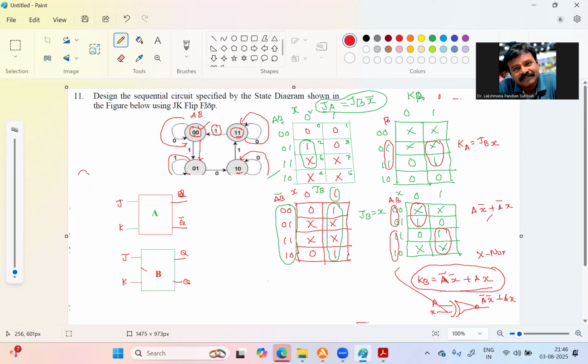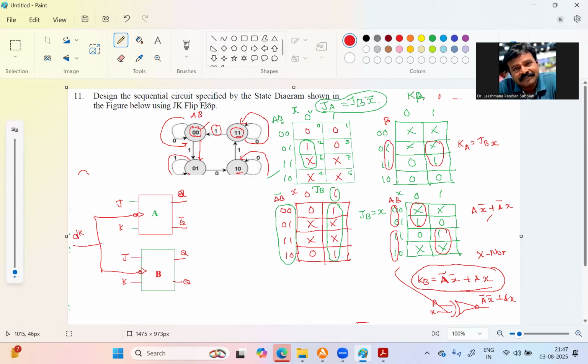Right. Then here we are having the clock. If negative clock, then we are having a bubble here. Then you have to connect these two with one clock pulse.